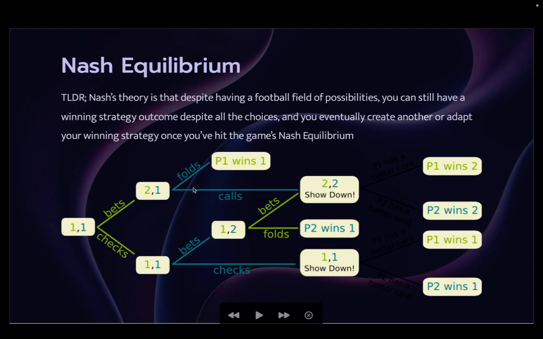Eventually, as you're winning games with the strategy of your choosing, you're going to hit the game's Nash equilibrium, where you start to learn new ways to win because you're no longer relying on your old ways to win.